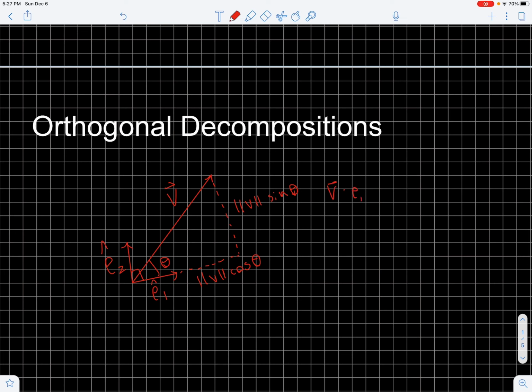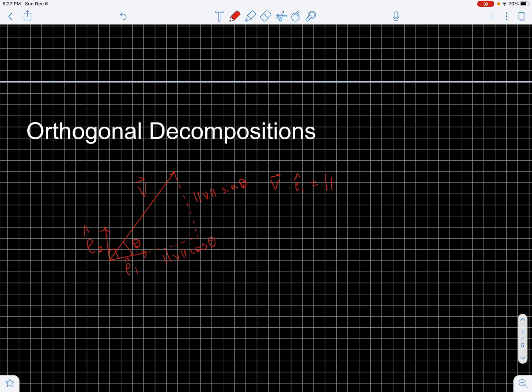So we know that v dot e1 hat equals the norm of v times the norm of e1 times cosine theta.